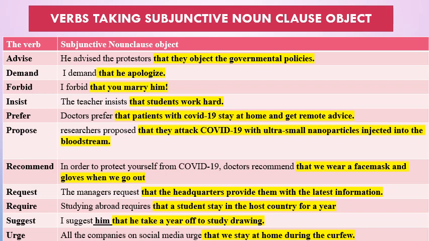Again, focus on the verb work in the simple form of the verb. Doctors prefer that patients with COVID-19 stay at home and get remote advice. Again, that patients with COVID-19, this is all the object. And the same for the other sentences.